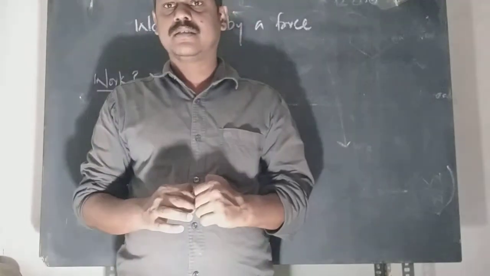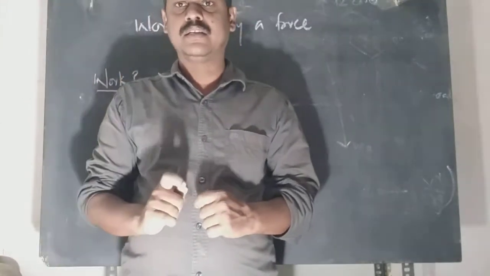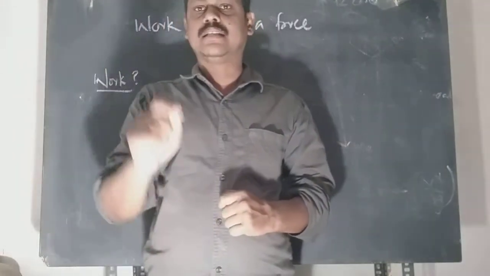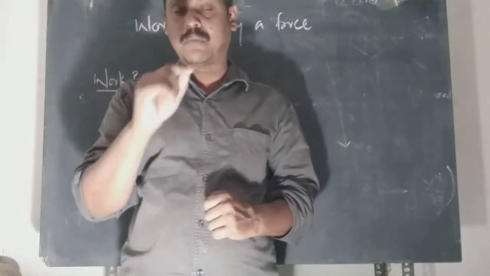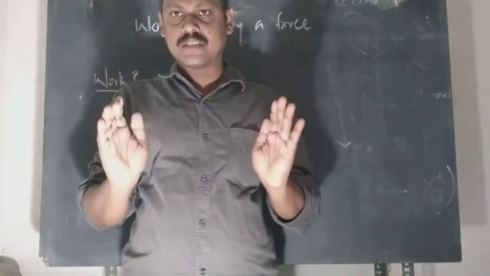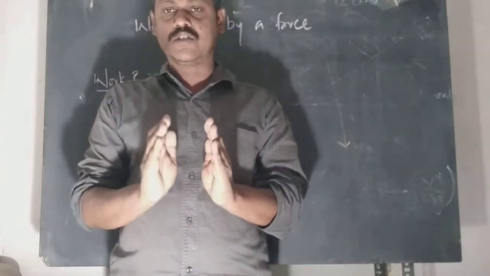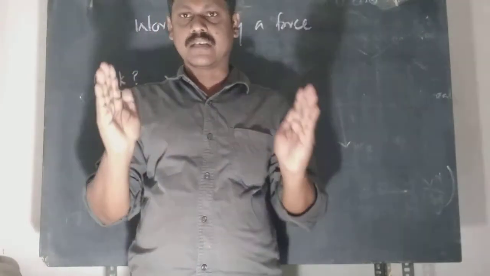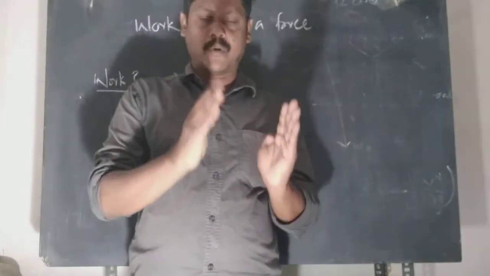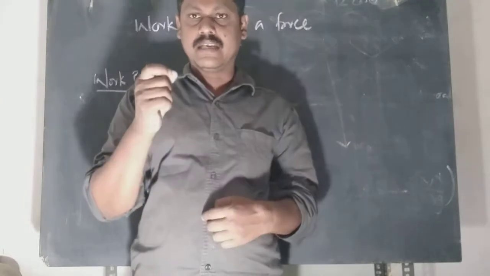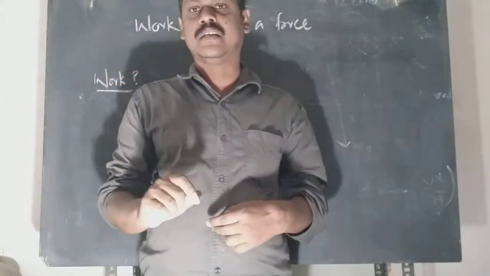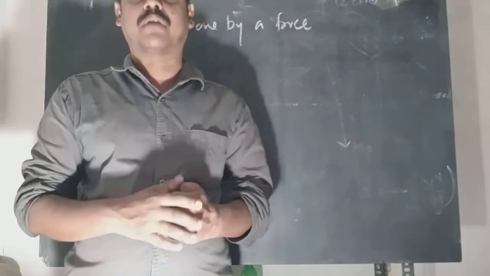In physics, work is said to be done only when there is a force applied and there is certain distance or certain displacement in the direction of that force applied. So work is said to be done by a force if there is a force applied and the object or the point at which the force is applied undergoes some displacement in the direction of that force applied.